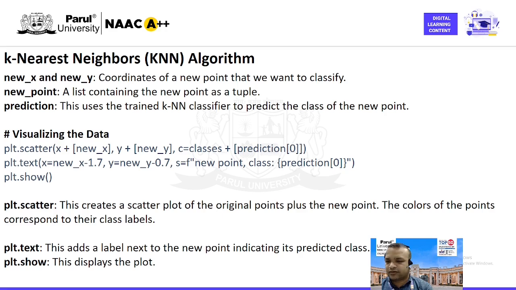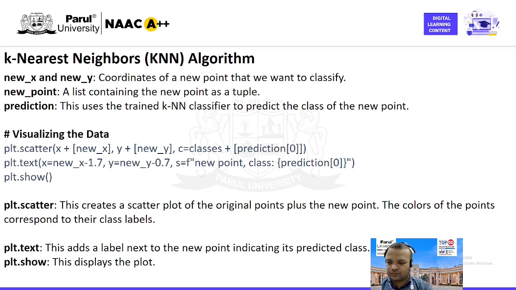And plt dot text, x is equal to new underscore x minus 1.7, y is equal to new underscore y minus 0.7, s is equal to f new point, and classes is equal to prediction of 0, and then plot. So what is actually being done here?